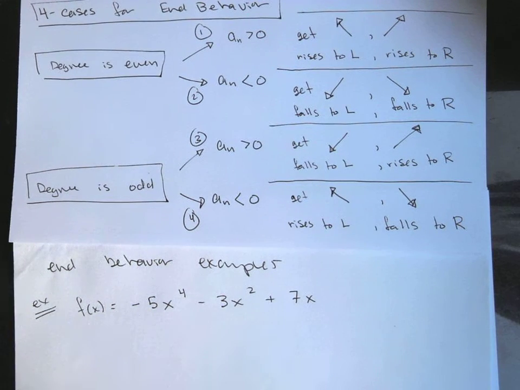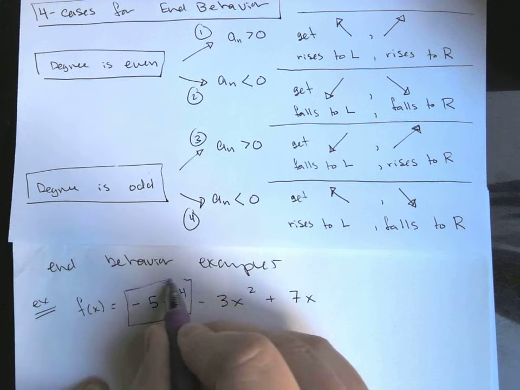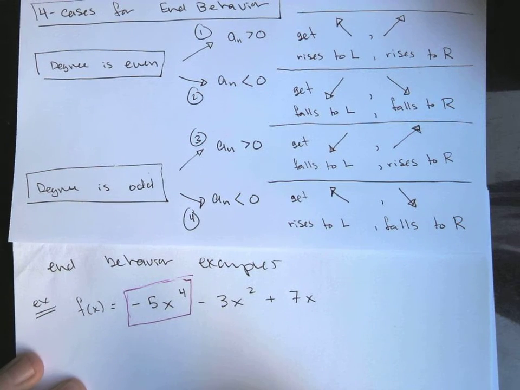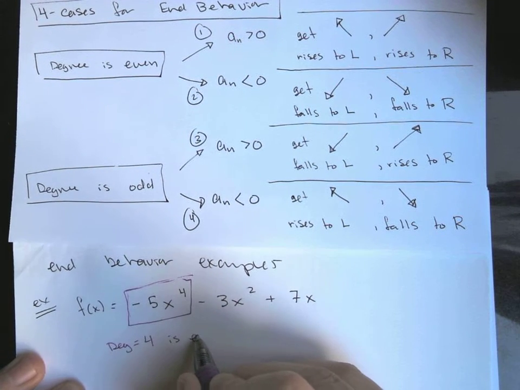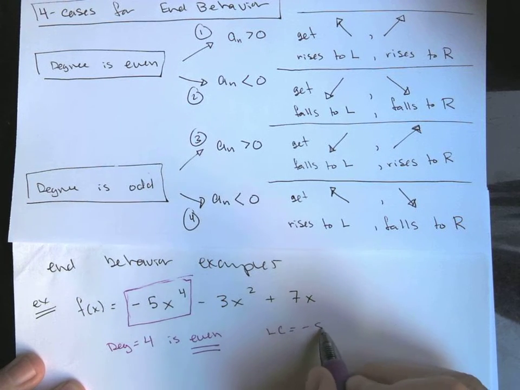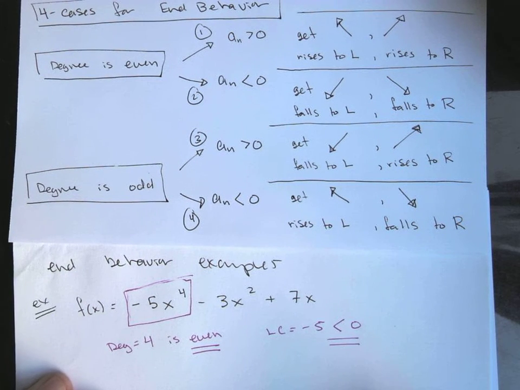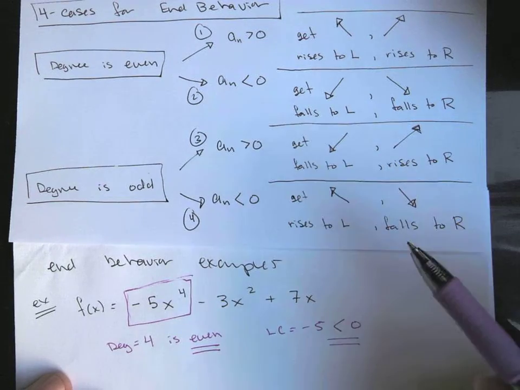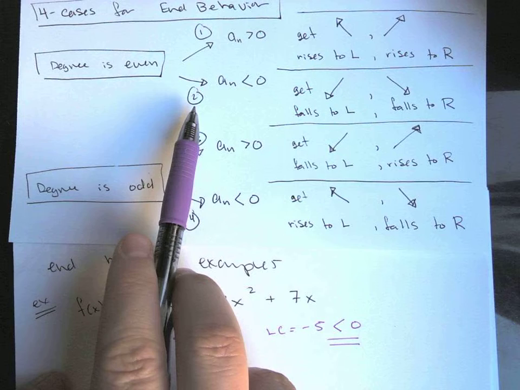All I care about, again, is this first term. This is the one where I'm getting all this end behavior information from. So the degree is 4, which is even, and my leading coefficient is negative 5, which is less than 0. So my degree is even and my coefficient is negative. Which of our cases? Even is here, and our coefficient is negative, so we're in the second case.